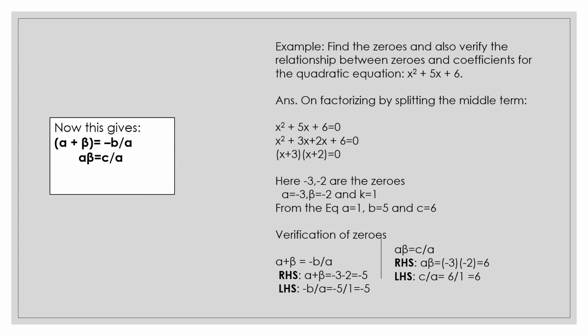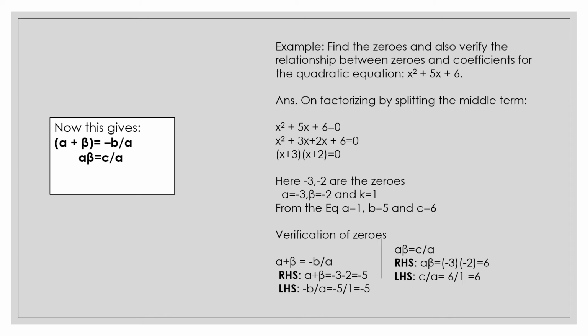Okay, now let's see an example related to our previous concept. Find the zeros and also verify the relationship between zeros and coefficient for the quadratic equation, that is x squared plus 5x plus 6. So the very first step to find the zeros is factorizing the given equation, and the simplest method for it is splitting the middle term.